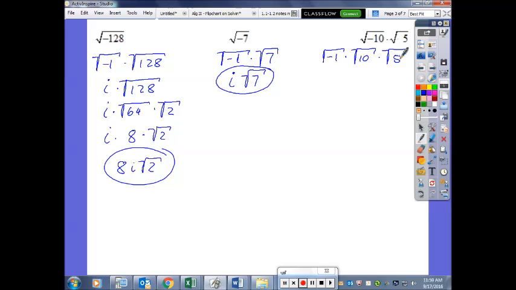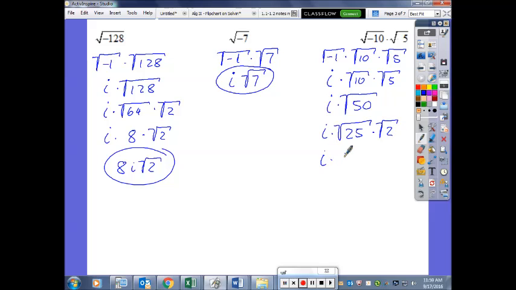Square root of -1 is i, and the square root of 10 and the square root of 5 we can actually recombine to get i times the square root of 50, because wouldn't it be much nicer to split it up this way? i is equal to i times the square root of 25 times the square root of 2, which is i times 5 times the square root of 2, putting the 5 in the front. This is our simplest form of this square root.